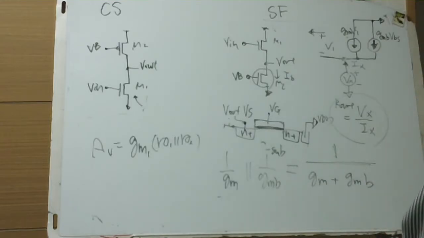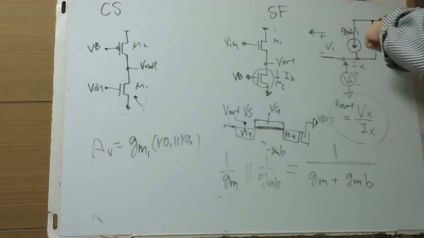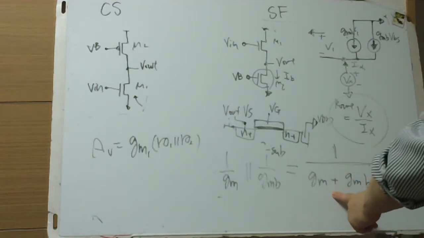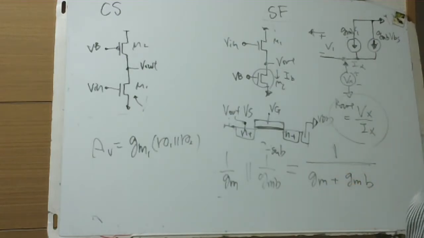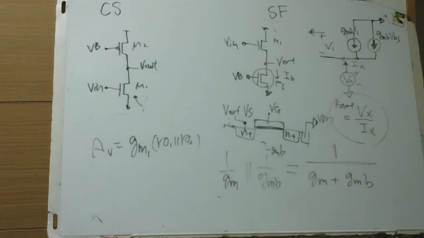So there is a parallel resistance of 1 over gm and 1 over gmb, giving 1 over gm plus gmb. This is Rout for the source follower. Now Rout times gm equals nearly Av, or is it right? We are going to check that, driving the source follower including body effects, equivalent circuit.